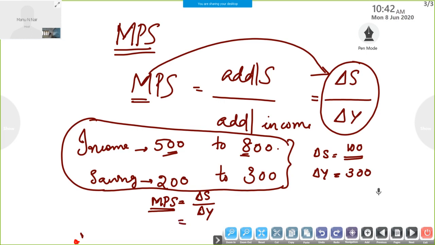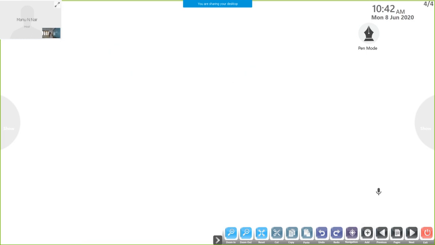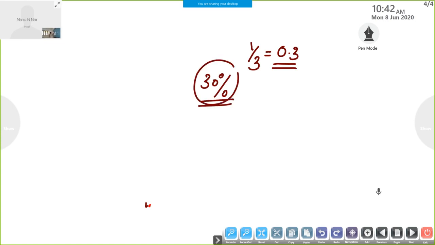Substitute: delta S is 100 divided by 300, so 1 by 3. So MPS is 1 by 3, that is equal to 0.3. That means 30% of additional income is to be saved.